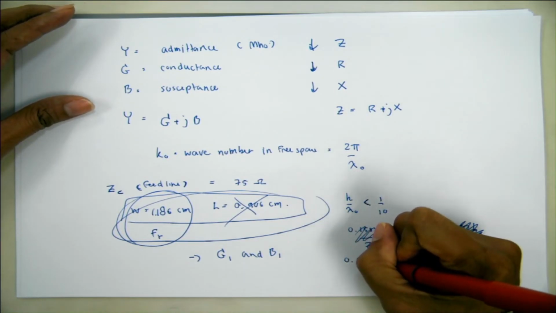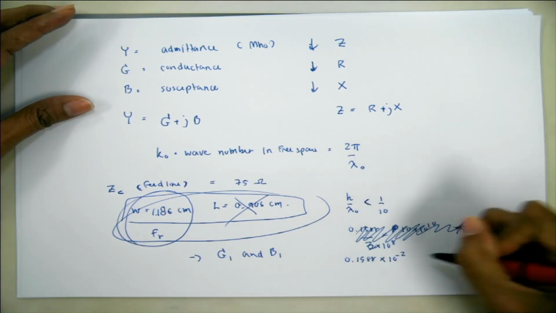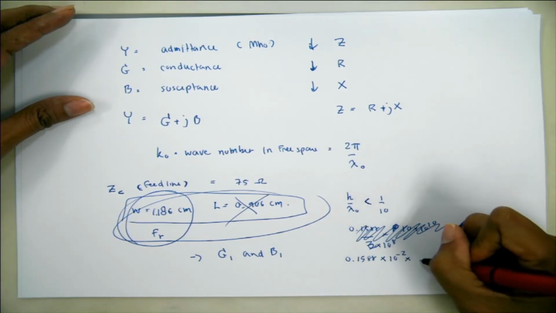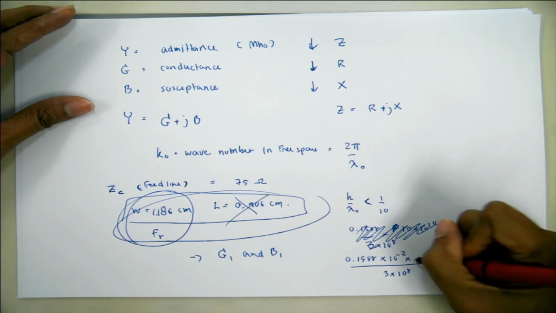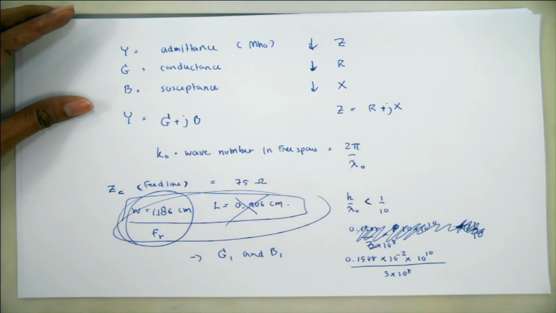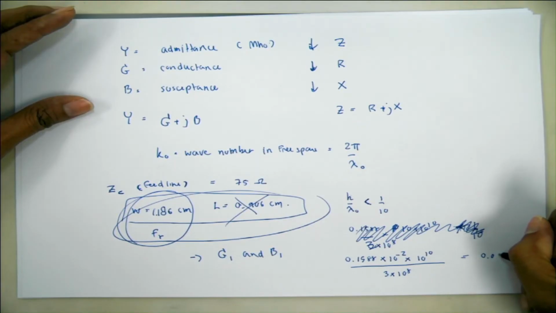So h is 0.1588 centimeters times 10 to the minus 2, to make it meters. Then c over f, 10 to the 8 here and 10 to the 10 here. So we get about 0.05262.